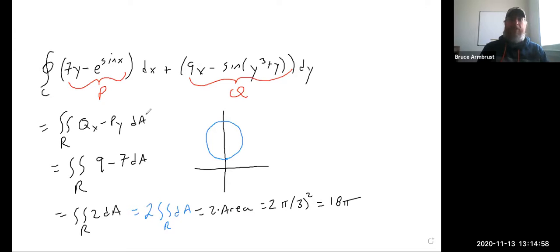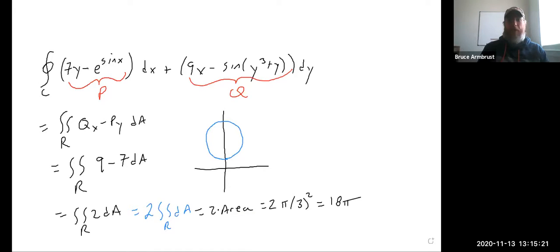All right, so the value of this line integral is actually just 18 pi. And look at how much easier Green's theorem made that. I don't like using the word trivial a lot, but this one pretty much made it trivial.